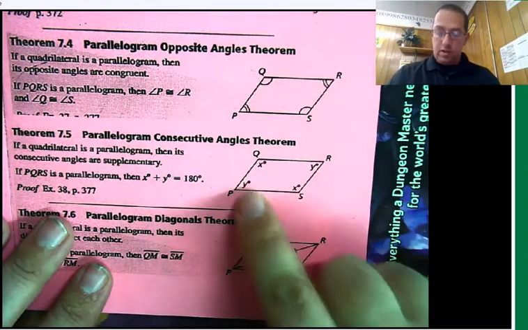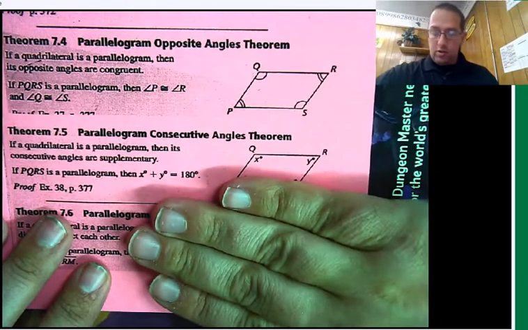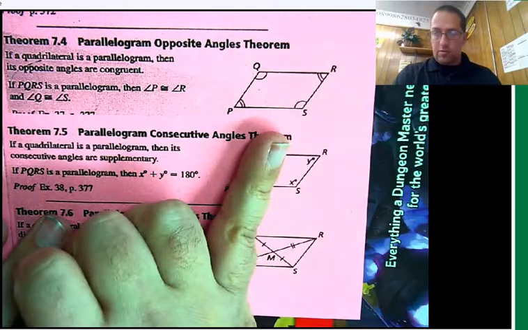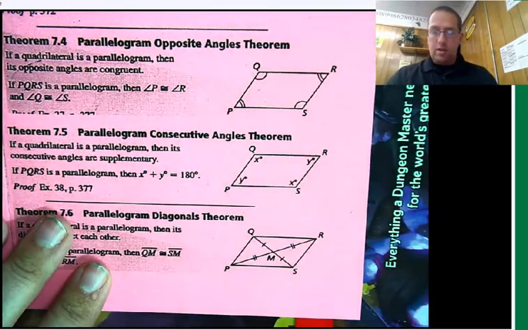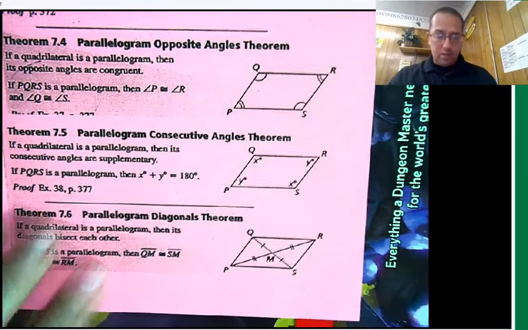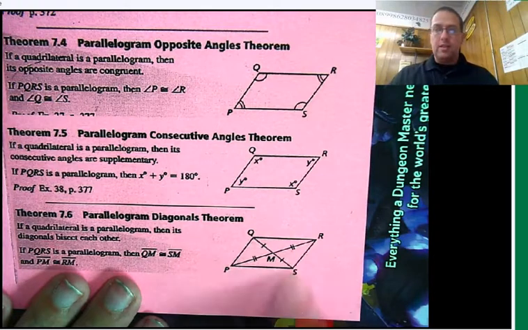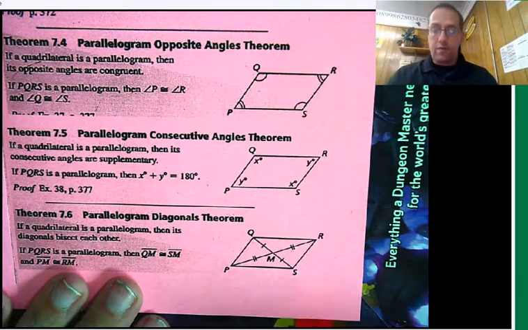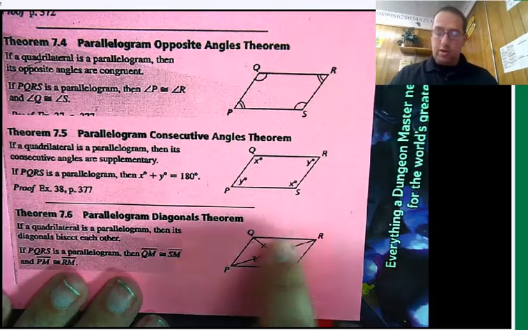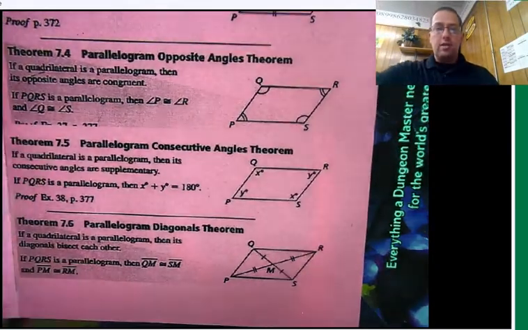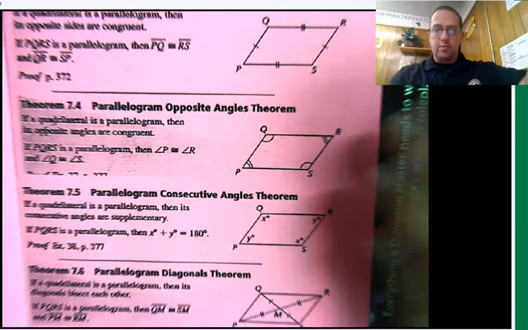They're supplementary, and that's the angles right next to each other. Each angle is supplementary to the one right next to it. And lastly, the diagonals bisect each other, so they cut each other in half. So the midpoint there is the midpoint of both diagonals. And that is parallelograms.